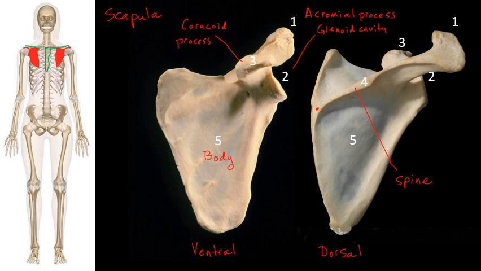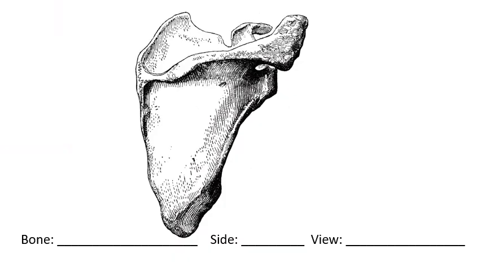Okay, let's move over to the drawing, and I'll go through that, and we'll correct it if necessary. Okay, so your view is a little bit different than mine, so we should pretty much have the same stuff. The scapula. Okay, this is where it was different. I had both views, ventral and dorsal. You have dorsal.